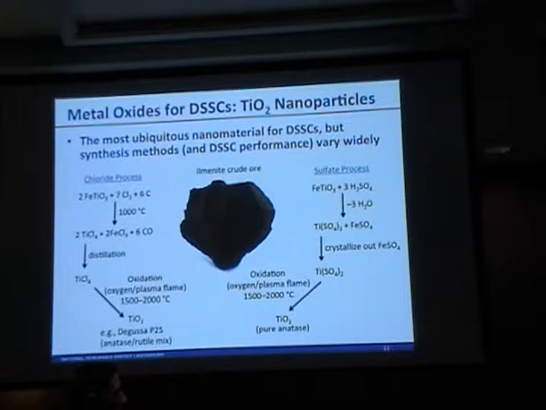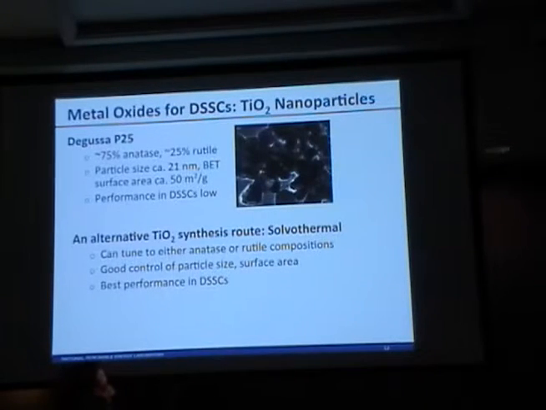So there are slight differences to these processes; we won't get into the details of why one makes a mix of anatase and rutile, and the other just anatase. But suffice to say that Degussa P25 is pretty bad when you make a dye cell out of it. You can crank out something around 5%, but when the world record is 10-12%, you're wondering what you've done wrong.